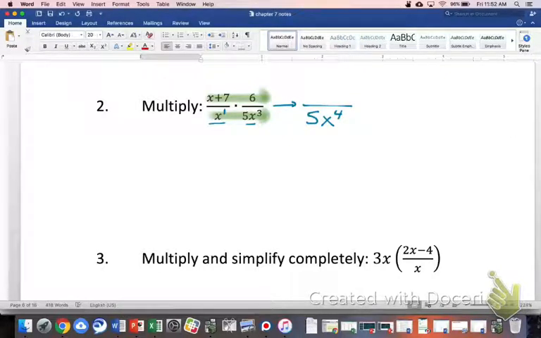In the numerator, it's not totally obvious because some symbols that are often there aren't there. But in the top, I want to think about what we're doing here. We're obviously multiplying x plus 7 times 6. But is it 7 times 6, or is it x times 6, or is it both? The truth is, it's both, because we're multiplying the whole numerator of x plus 7 times 6. This is really a distributive property.